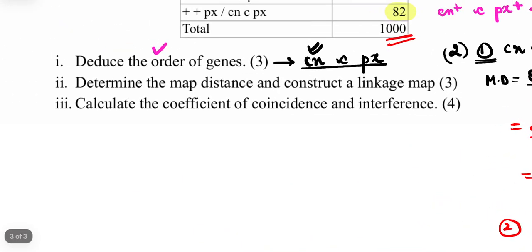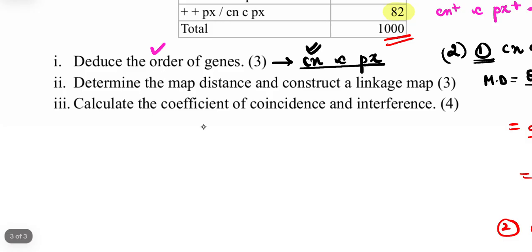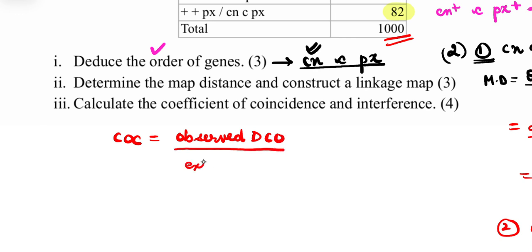Now let's see what are the other questions they are asking. The other question is you have to calculate the coefficient of coincidence and interference. Now this is important. What is the formula of coefficient of coincidence? Coefficient of coincidence is observed double crossovers, all those which are given in your data, upon expected double crossovers.